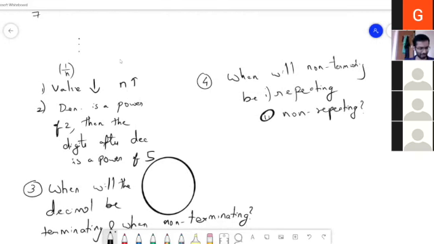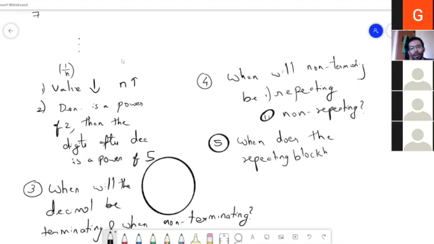Okay, fine. So the fifth is, when does the repeating block have just one digit? Bhagesh ma'am has made a conjecture on that.